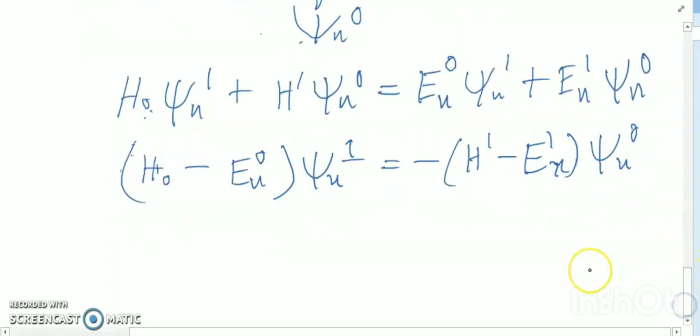In this equation, I will now put the expression that we wrote for psi n1.